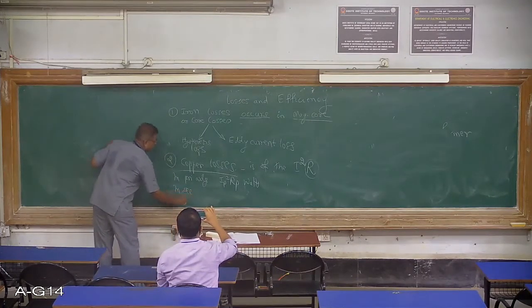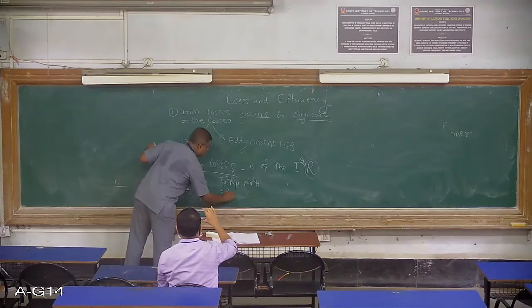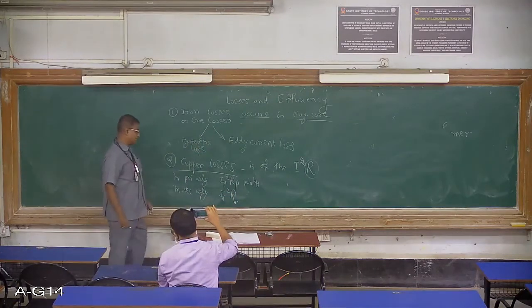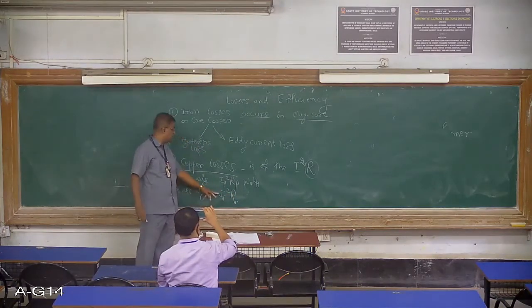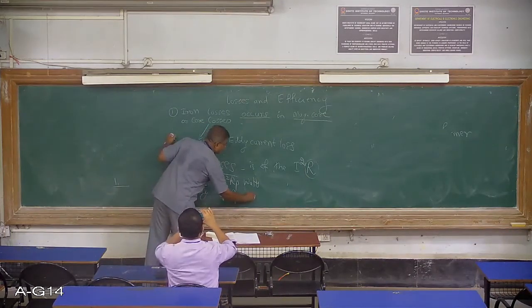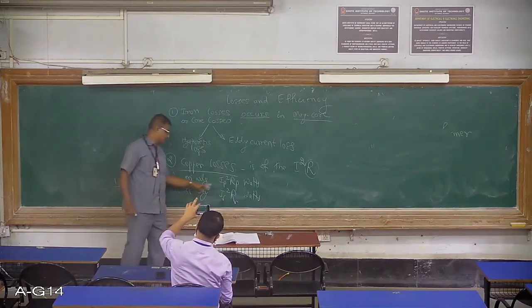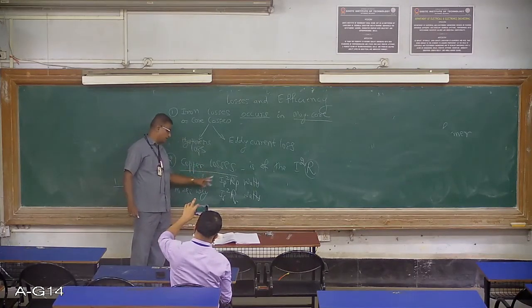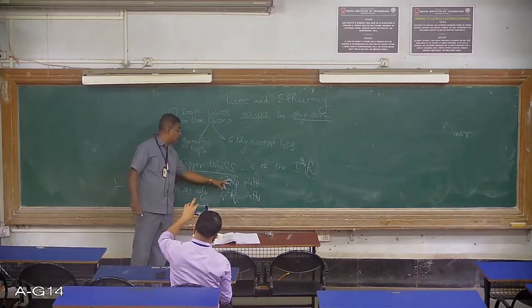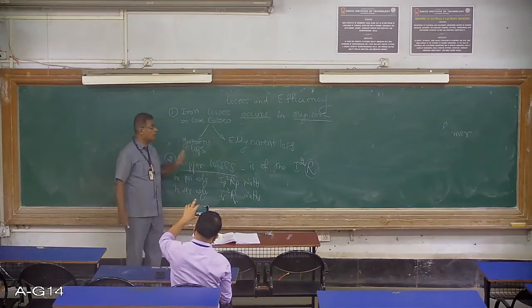Similarly, in the secondary winding, the copper loss is IS squared RS. RS is the secondary winding resistance. IS is the current in the secondary winding, in watts. So like this, you will find the total copper loss in the transformer as IP squared RP plus IS squared RS watts. That is the total copper loss.